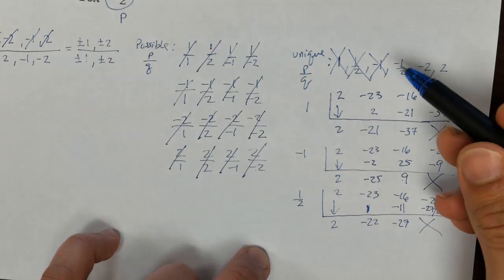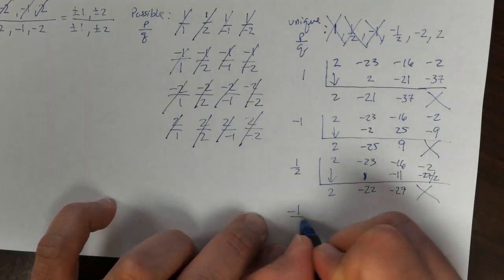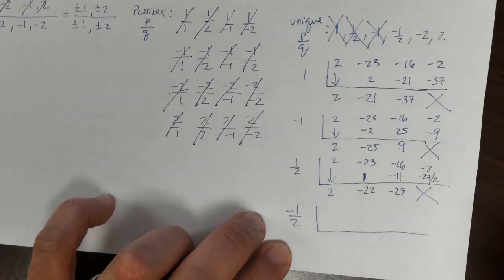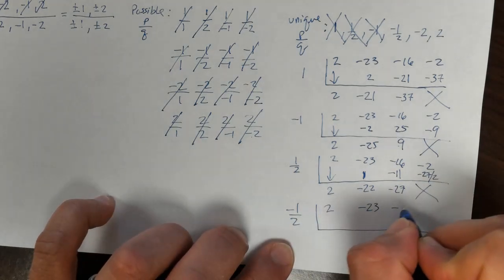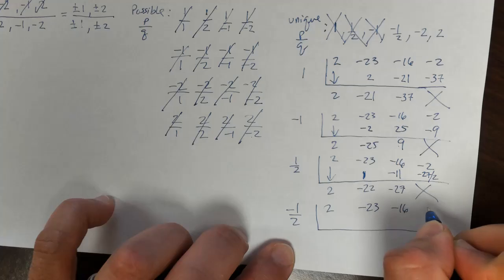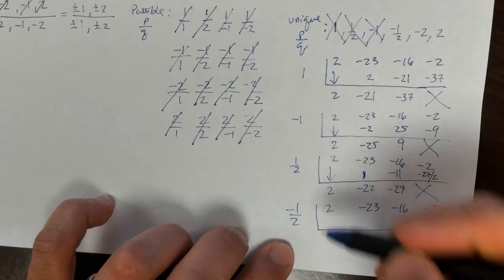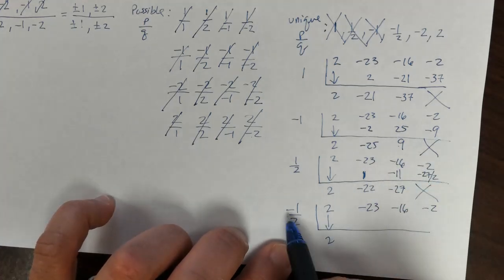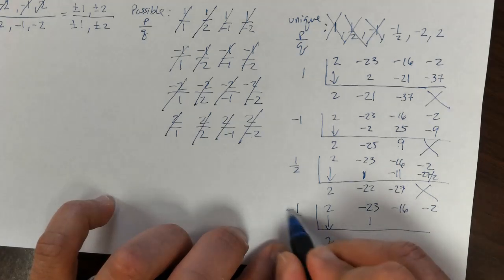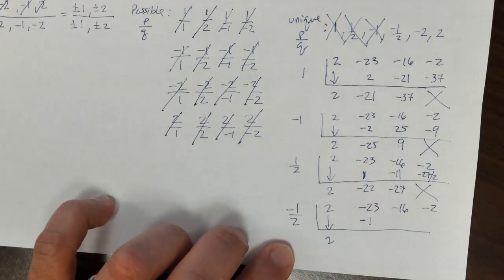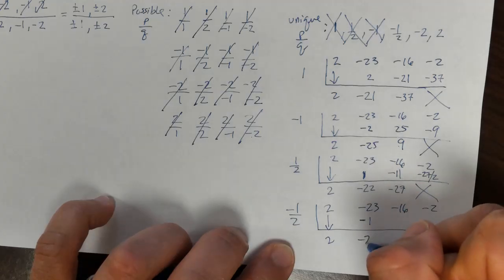About a -1/2. Let's try -1/2. Same problem. The original cubic polynomial, we'll use synthetic division. So let's bring down the 2. -1/2 times 2. Half of 2 is 1, but since we're multiplying it by a negative, it'll be -1. This adds up to -24.